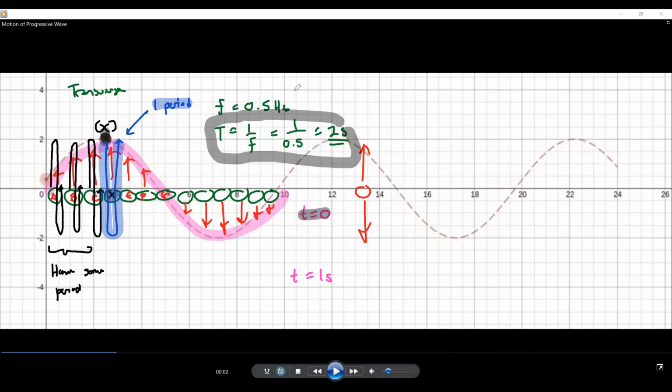You can see that this one can be divided into 4 sections. One motion here like this, one motion here like this, and one motion here like this, and like this. This all added together gives you 2 seconds.